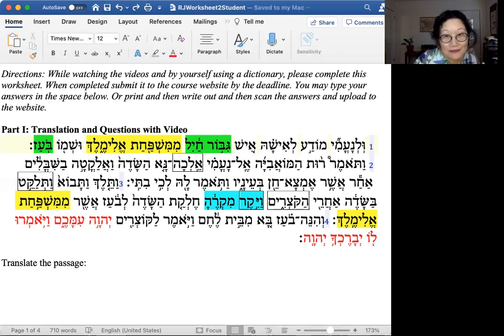Now the name Boaz is also quite interesting, because of course this is a text where the meaning of names is important. There are many ways to read Boaz's name, but one way is that you have ba, in, with az, which means strength. In him is strength.